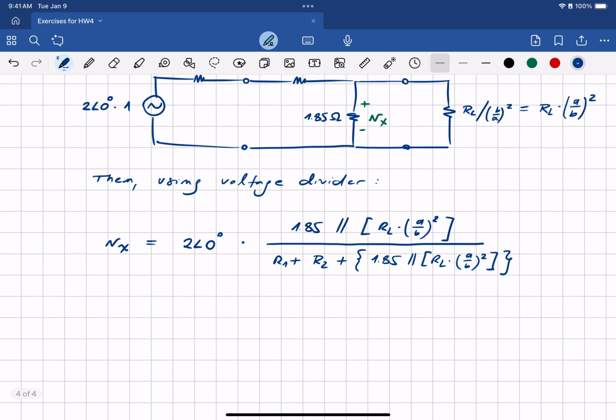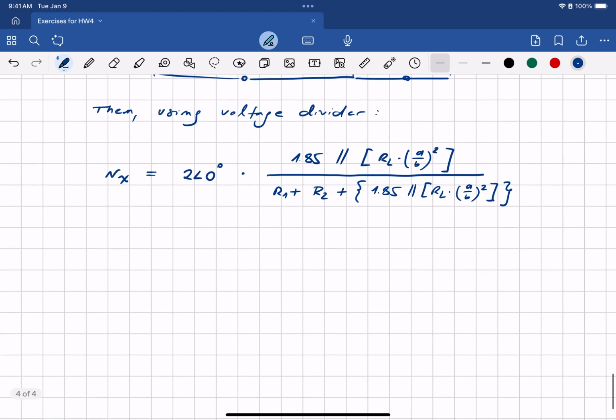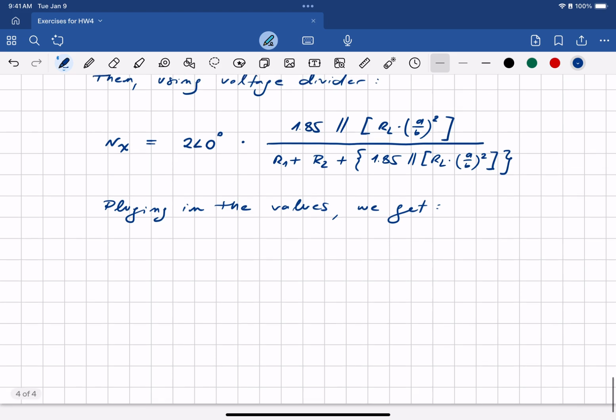Now we calculate very carefully on your calculator. Plugging in the values, what do we get?